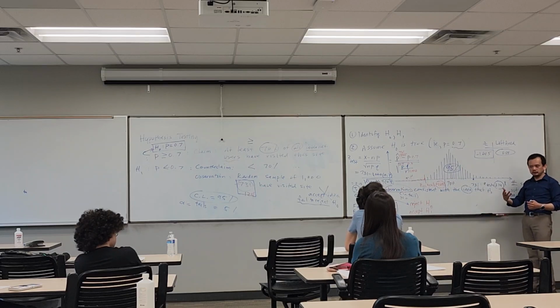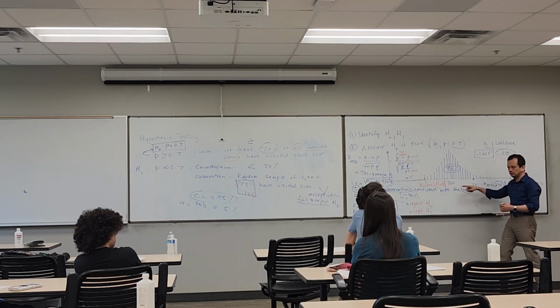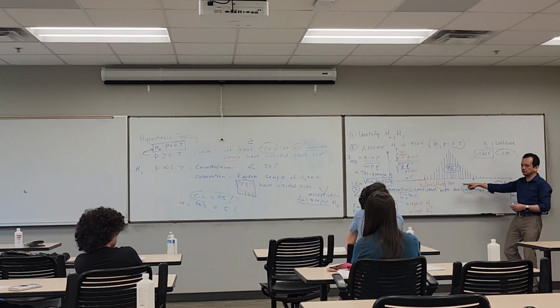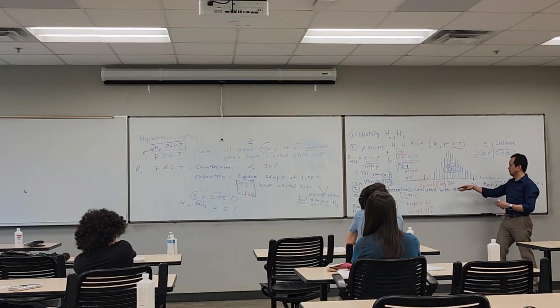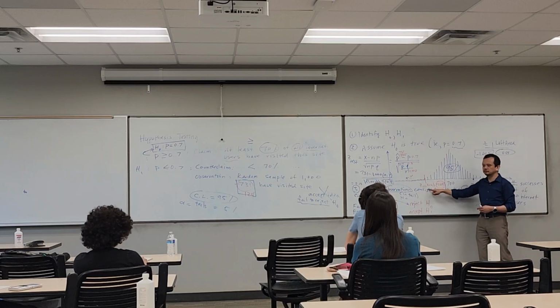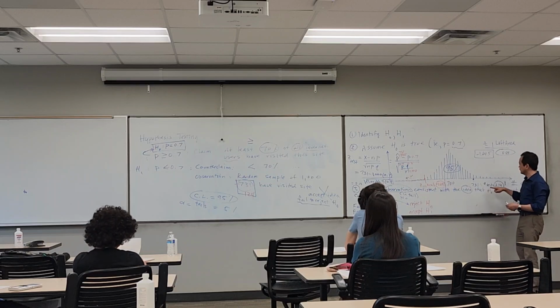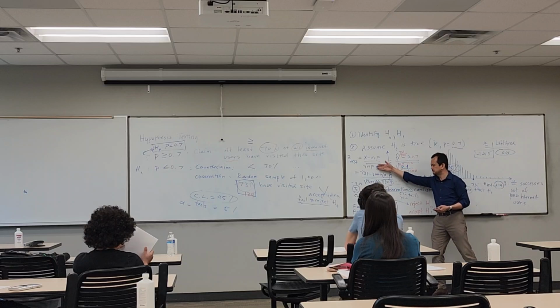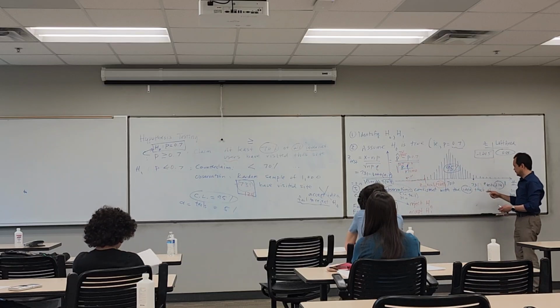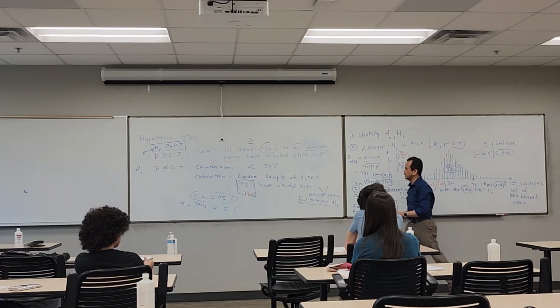One way to accurately do that is to compare two z-scores, the test statistic versus the critical statistic. The critical statistic always comes from a table, and the test statistic always comes from a formula. So let's summarize that.